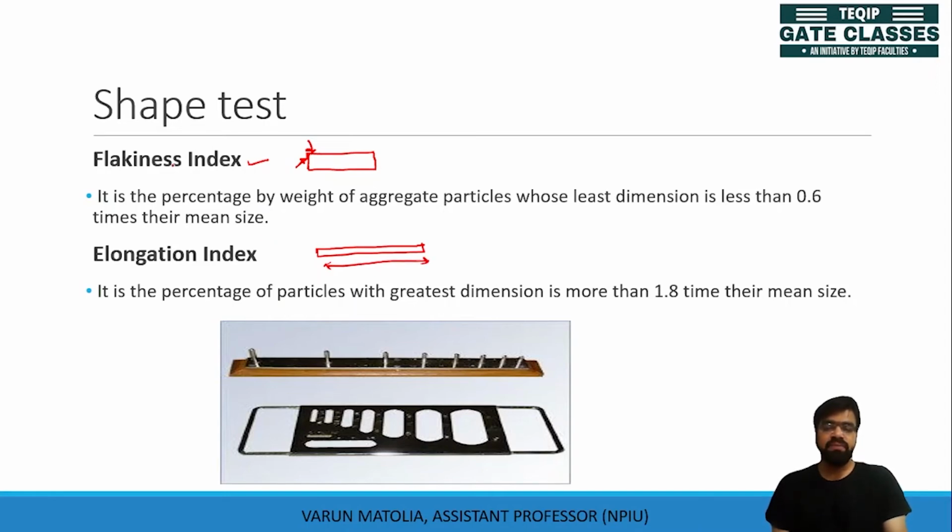To check the flakiness index, let us take an example. We want to check the flakiness index of the aggregates which are passing through the 12.5 mm sieve and which are retained at the 10 mm sieve. So we want to check the flakiness and elongation index of these particles.